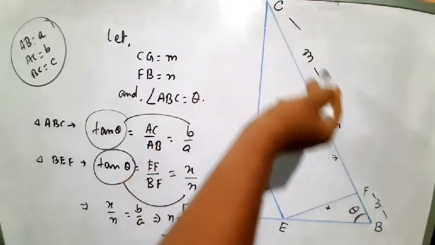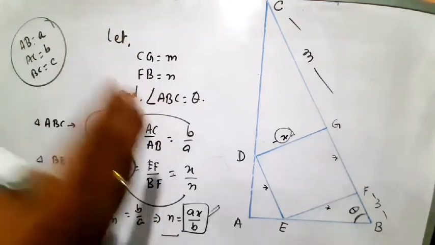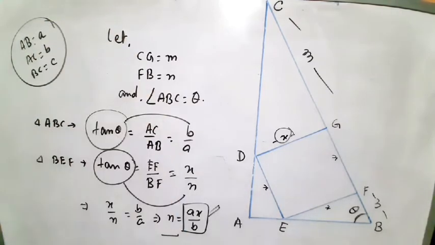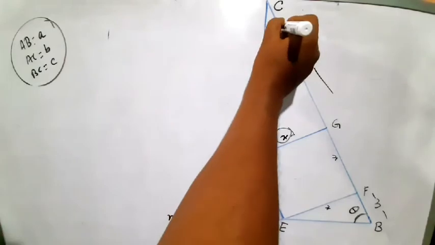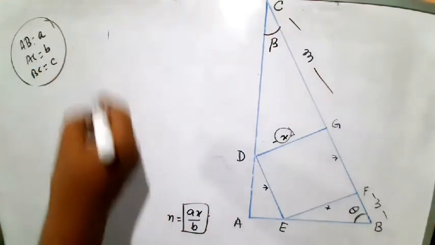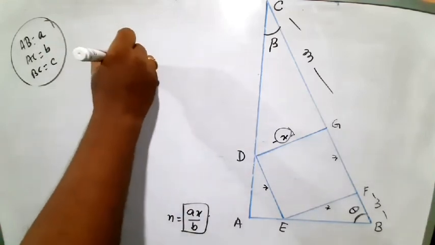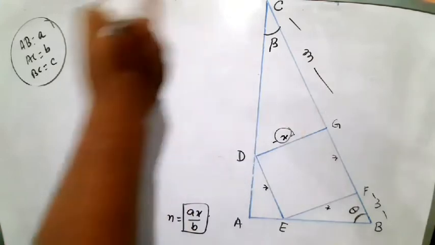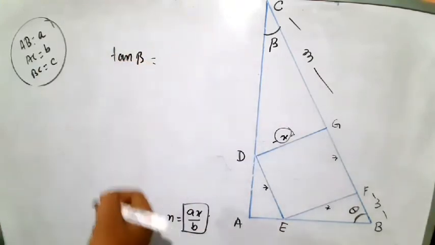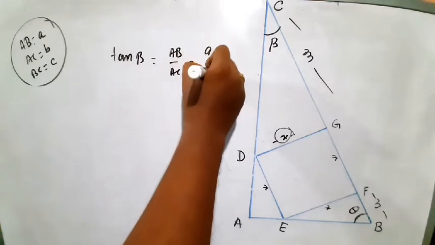Similarly, we have to find the value of m in the same way. Students can easily calculate the value of m in just this way. Let this angle be beta. In the same way, tan beta from the triangle ABC equals AB by AC, that means a by b.